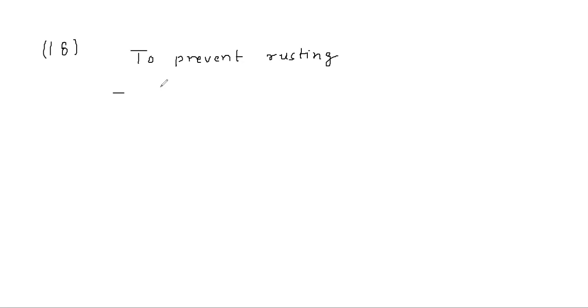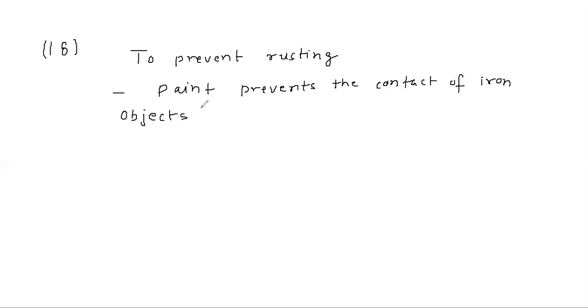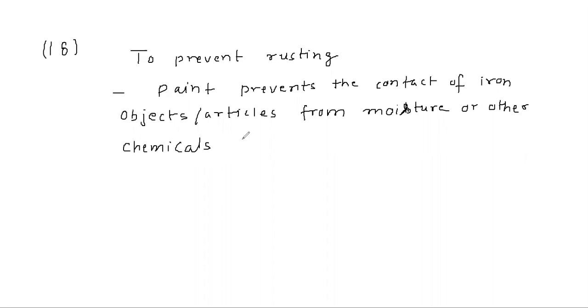So we can say that paint prevents the contact of iron objects or articles from moisture or other chemicals that are rusting.